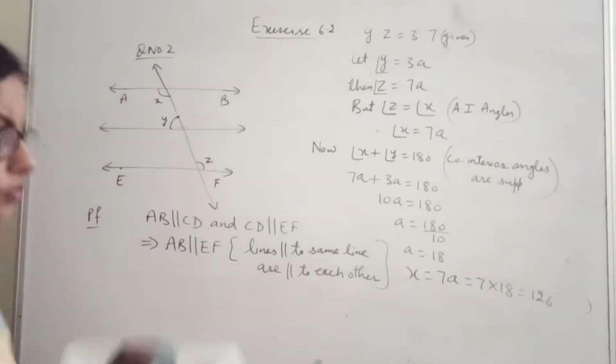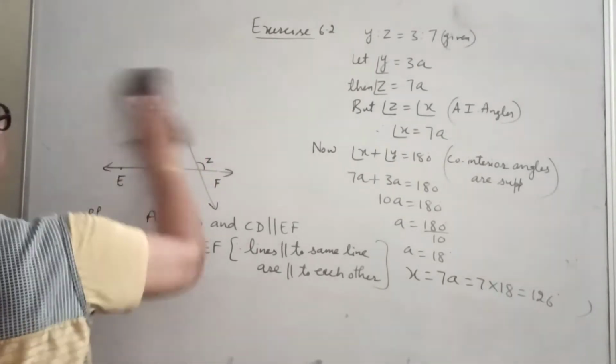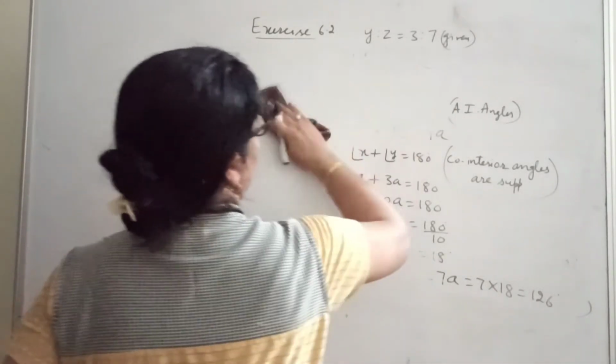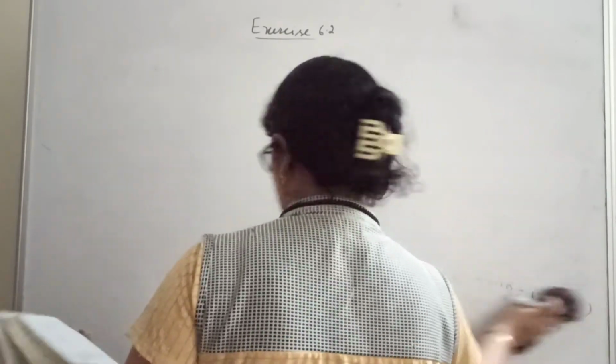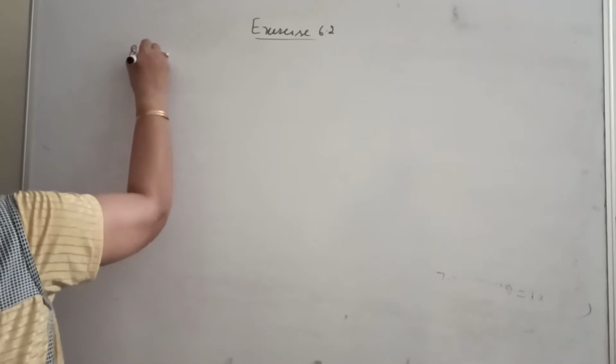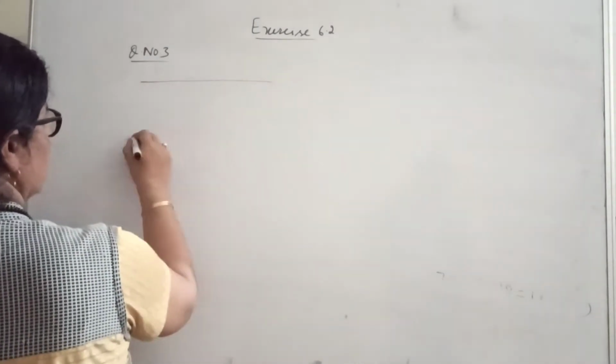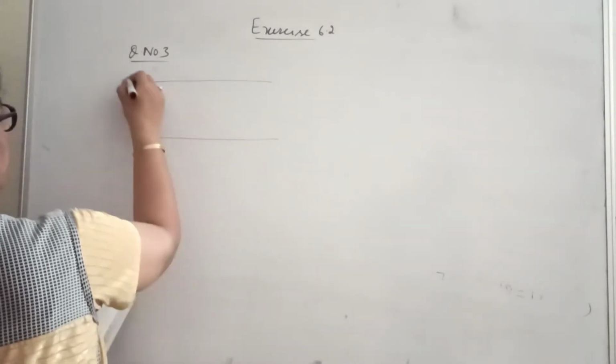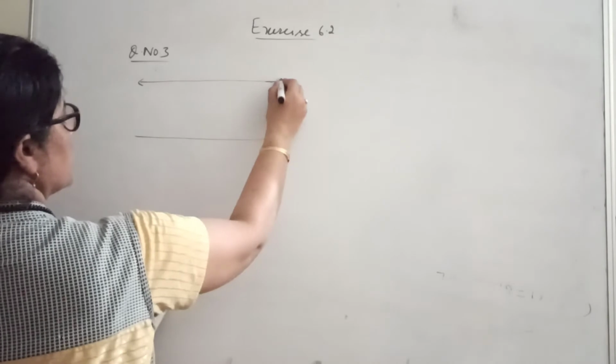Now let us do the next question, question number 3. In question number 3, he is saying these are two lines AB and CD. They are parallel to each other.